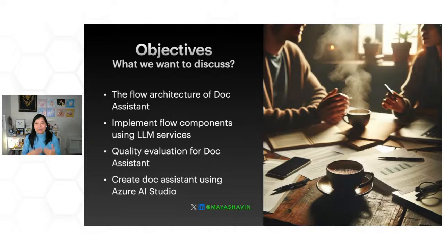After the flow architecture, we implement the different components using LLM services, and see how we can evaluate the quality of our document assistant and what the constraints of the evaluation process are. And lastly, as a bonus, we can see how to create a document assistant using Azure AI Studio directly.